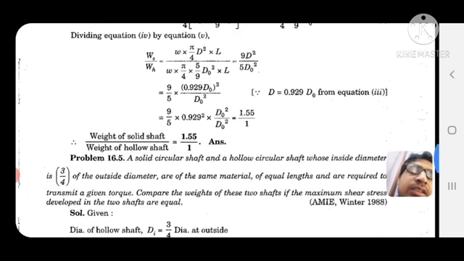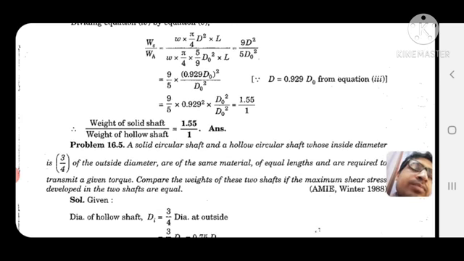Ws by Wh, that is equal to, very important problem, W into pi by 4 d square L divided by W into pi by 4 into 5 by 9 d0 square into L. So that is equal to 9 d square divided by 5 d0 square.